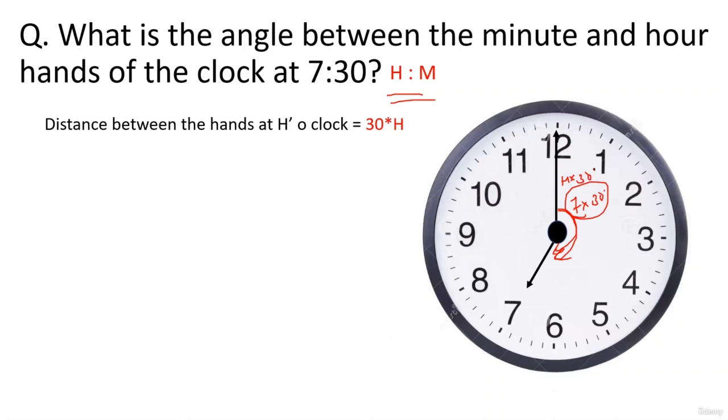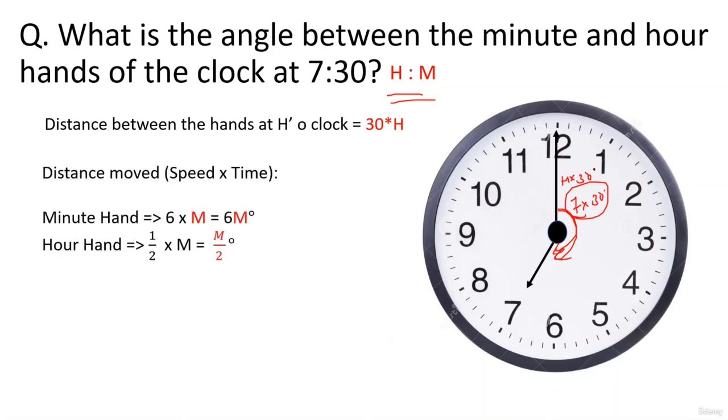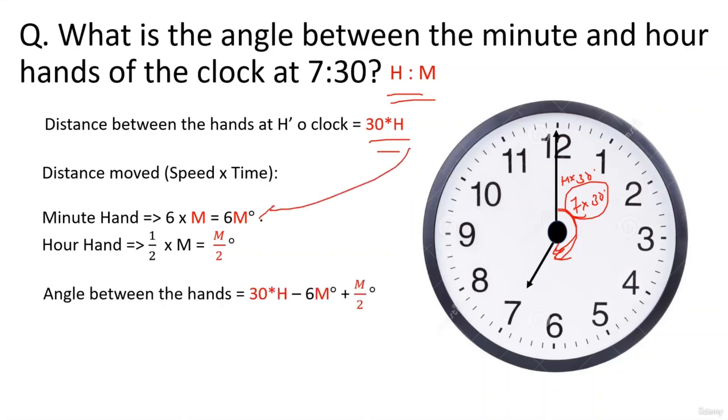Same way in the minutes, m minutes which we have, what is the distance the minute hand will move? 6 into m. And what is the distance the hour hand will move? Half into m, which is m by 2. Like the previous question, the initial angle was 30h, the minute hand will reduce it, the hour hand will increase it. So what is the final angle? 30h minus 6m plus m by 2. If you reduce this, it is basically 30h minus 11m by 2.